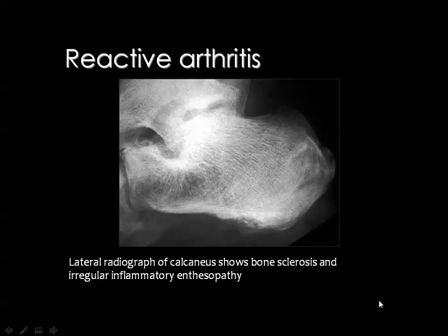And this is what we call fluffy periosteal reaction, with irregular inflammatory changes near the site of the calcaneal spur.